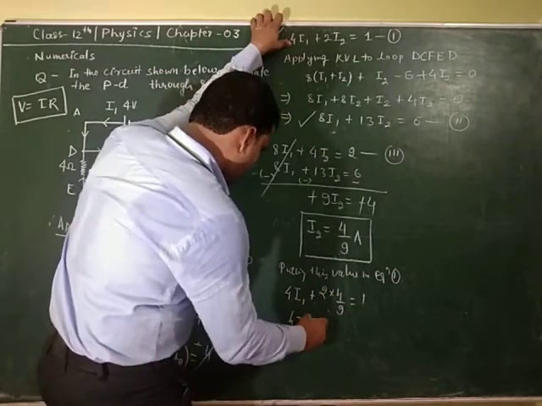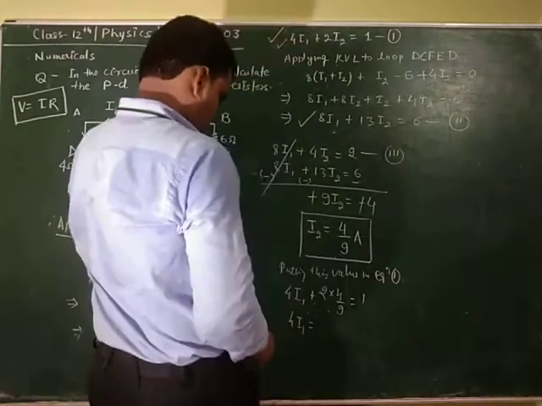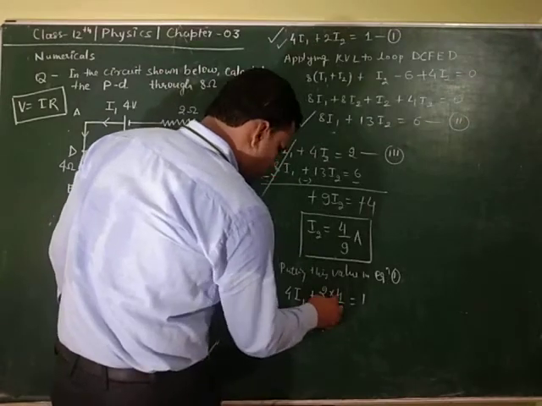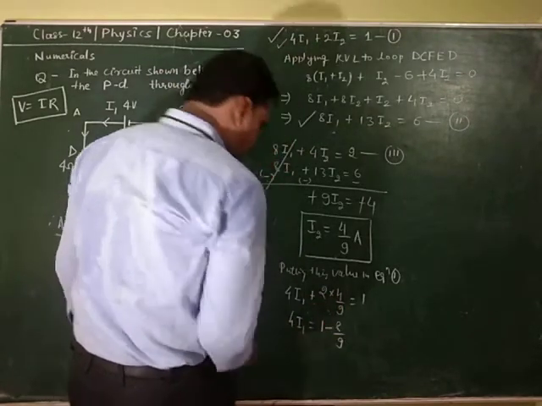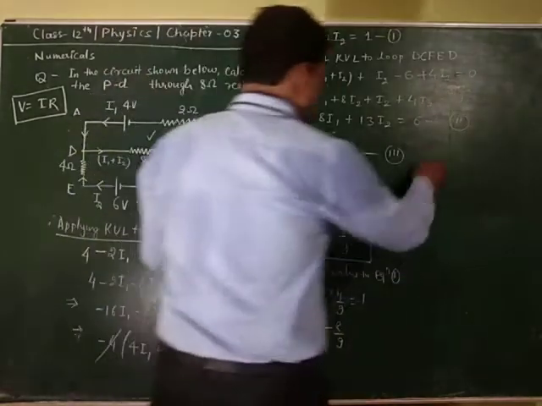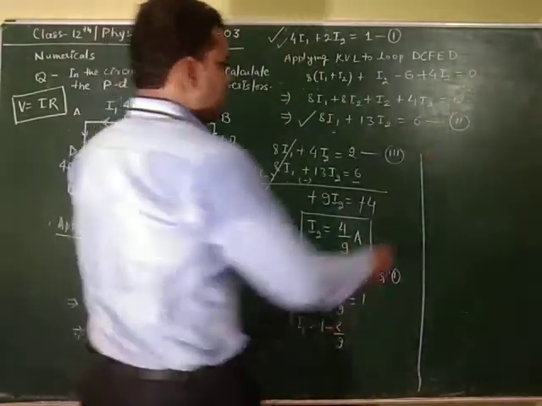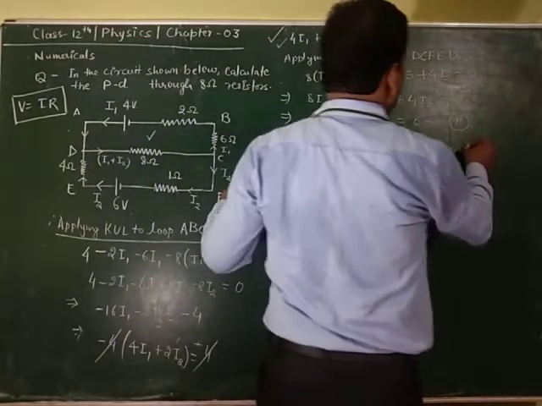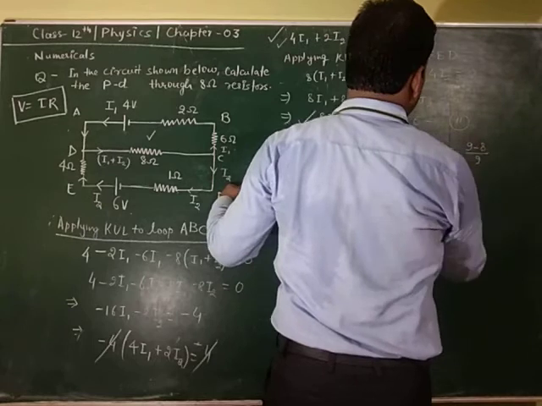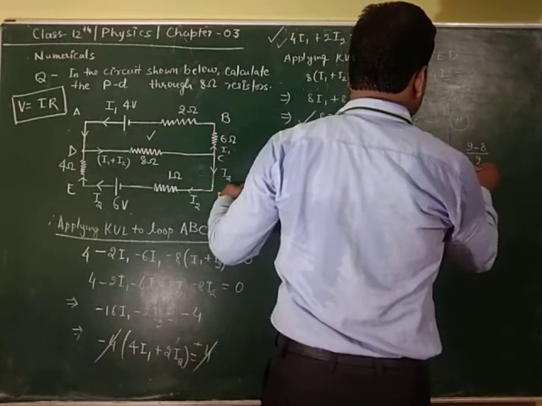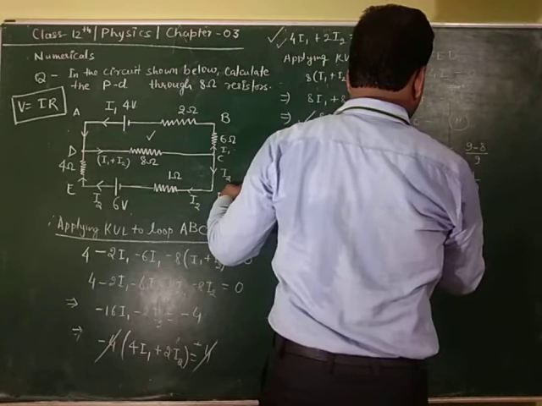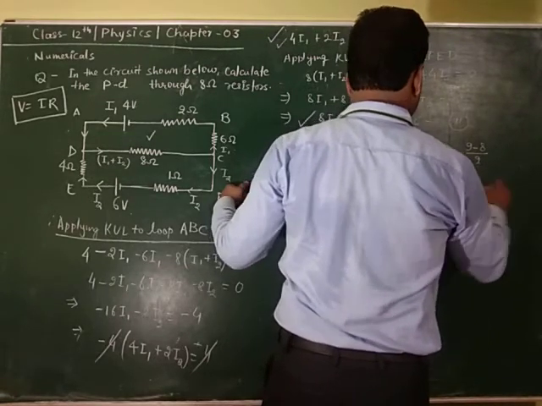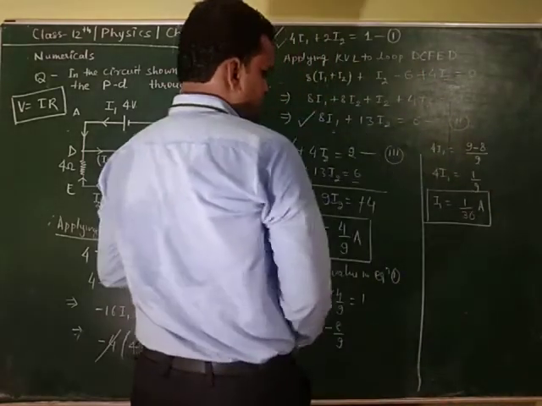So 4I1 is equals to 1 minus 8 upon 9, that is 9 minus 8 upon 9. So 4I1 is equals to 1 by 9, or I1 is equals to 1 upon 36 ampere. This 4 going to that side becomes 1 by 36.